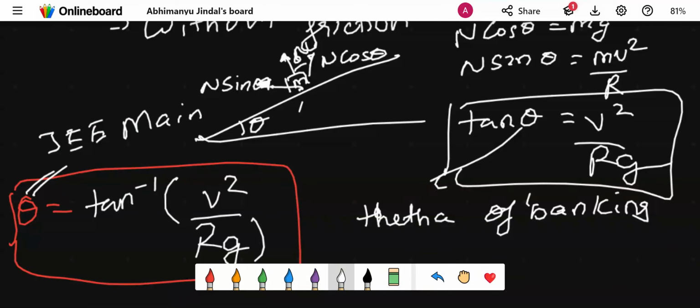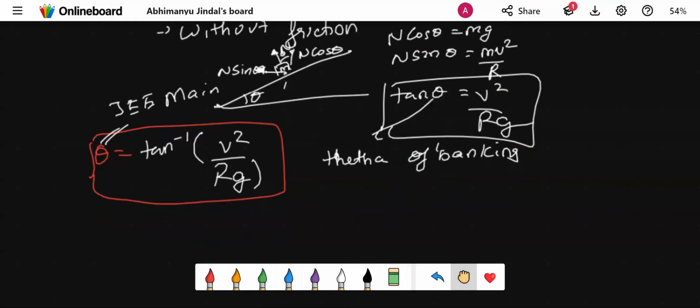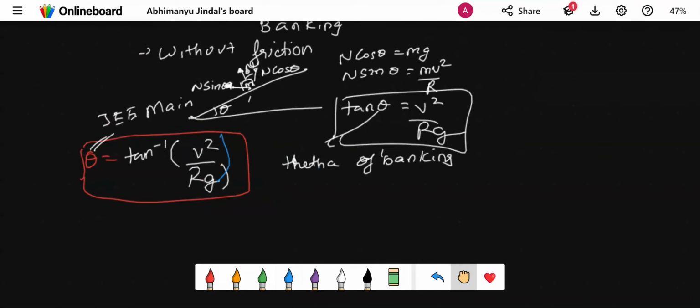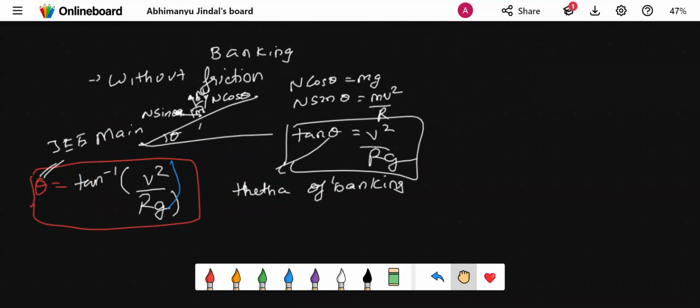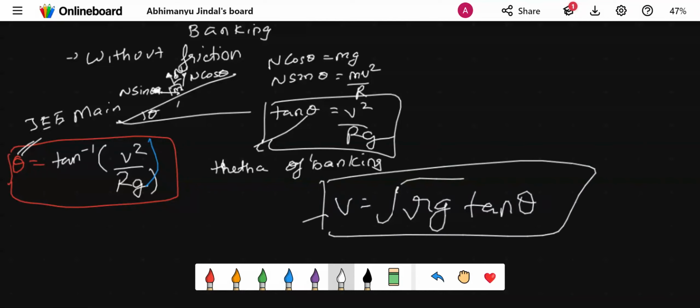Very, very important, and just the formula is important as well. So theta equals tan inverse of v squared by rg, where v is the velocity, r is the radius, and g is gravity. Or you can also say that v equals root of rg tan theta. Sometimes they ask you v as well.